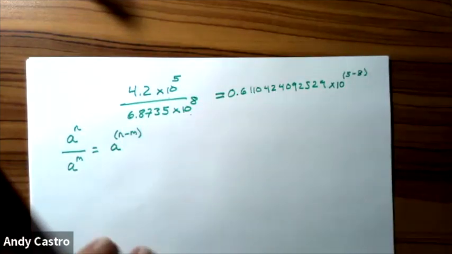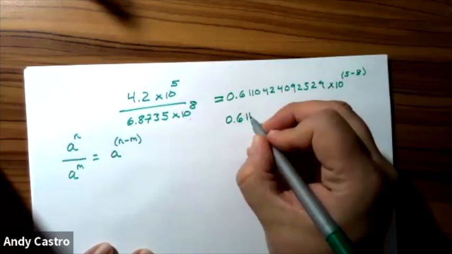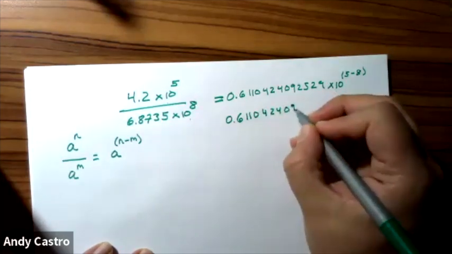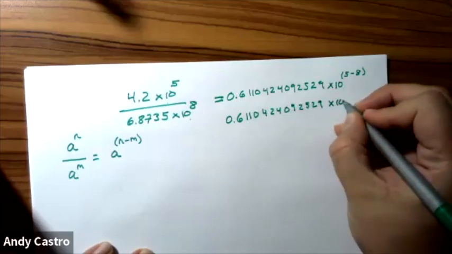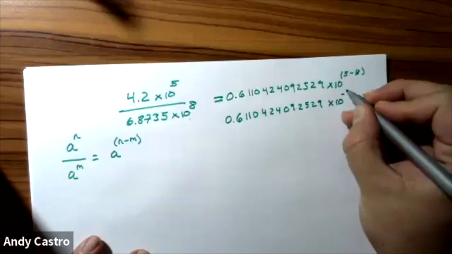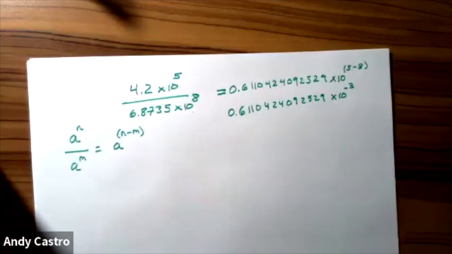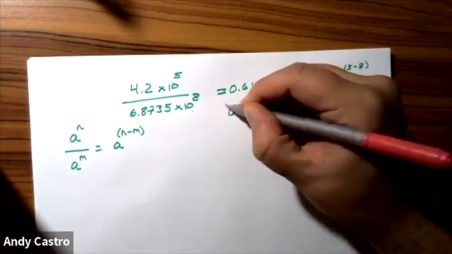Okay. So now we have 0.6110424092529 times 10 to the negative third. Okay. Now notice again, our leading number here is not a number between 1 and 9.